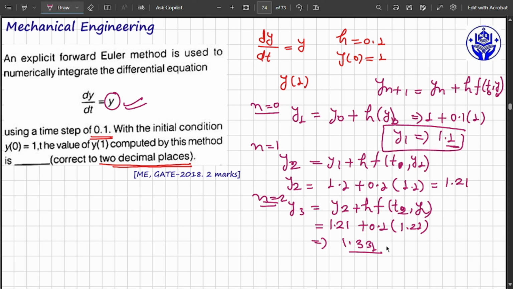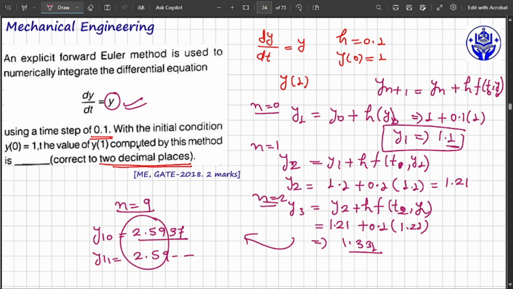After doing 10 iterations, putting n equals 9, you will have y10, and the value is 2.5937, so it is 2.59 something. Here the 2 decimal places are correct. It means your answer is 2.59. You can easily write it here.